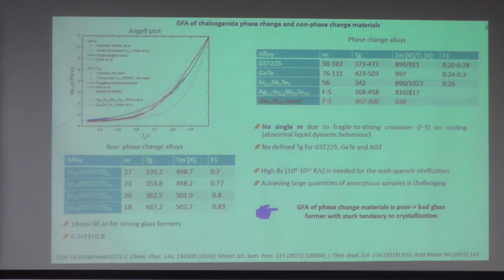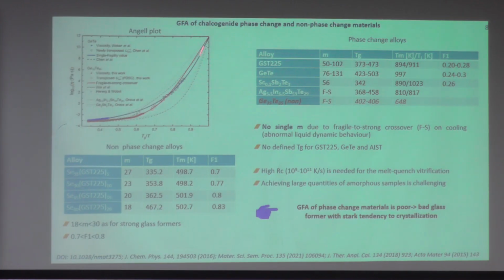Now let us look at the experimental data obtained on phase change materials regarding glass forming ability. First, this is the viscosity versus temperature for different materials like GAT, GST and AST. We can see this type of behavior, and this is the first signature that the glass forming ability of these materials is not good.